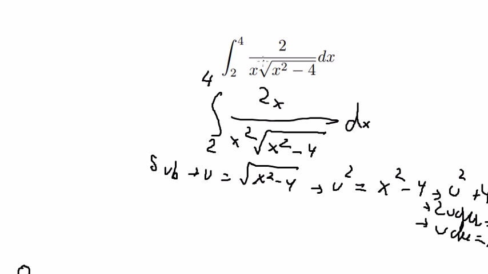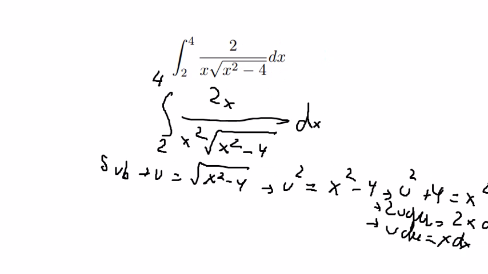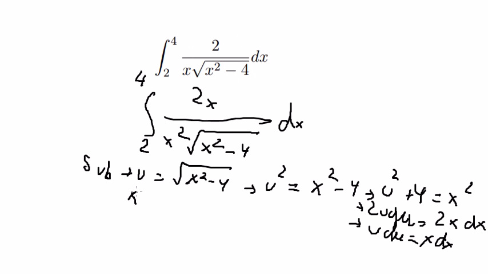Now we need to change the bounds. If s equal to number 2, you get 0 for u. If s equal to number 4, we put number 4 in here, and you get the square root of number 12.